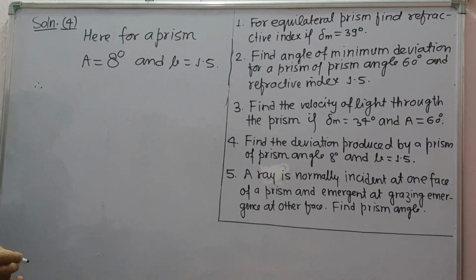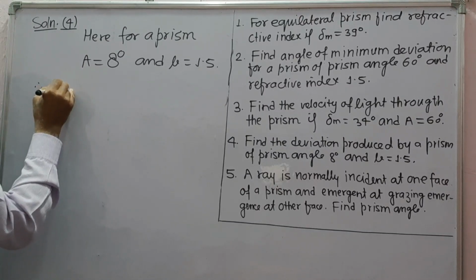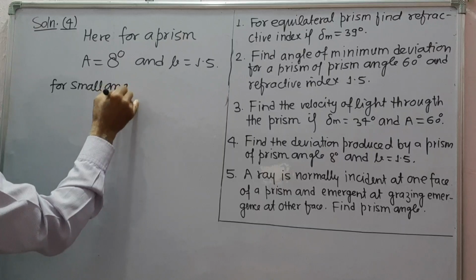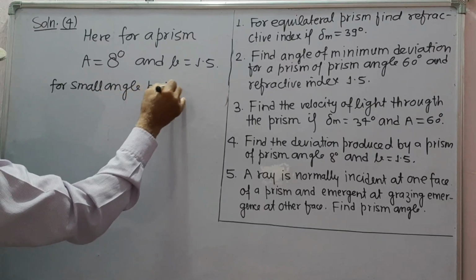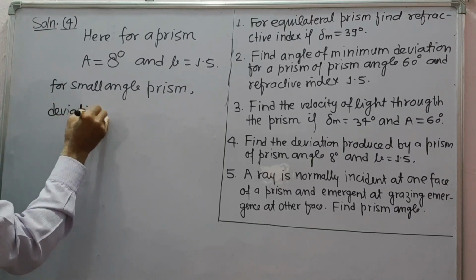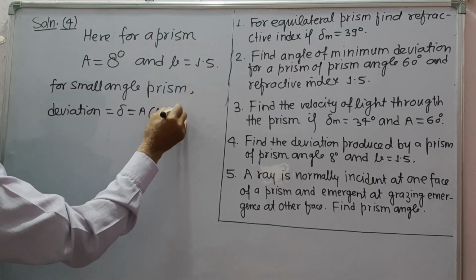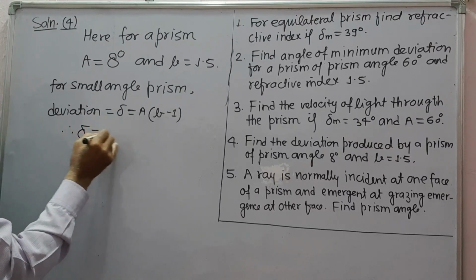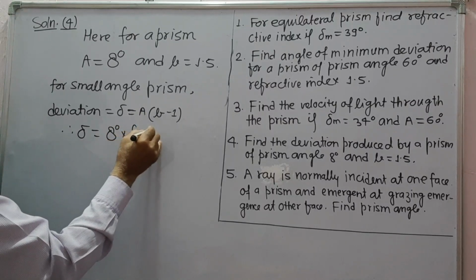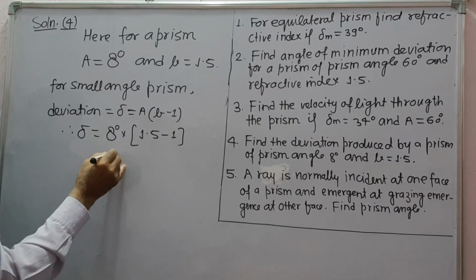Therefore, the prism is a small angle prism, and for small angle prism deviation delta is equal to A (mu minus 1). So delta will be equal to A, means 8 degree, into (mu 1.5 minus 1), means 0.5 into 8 degree, that is 4 degree.